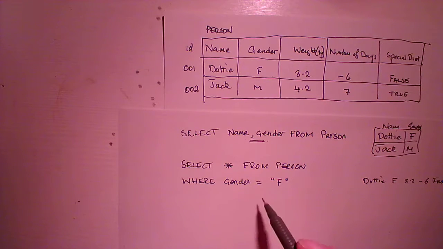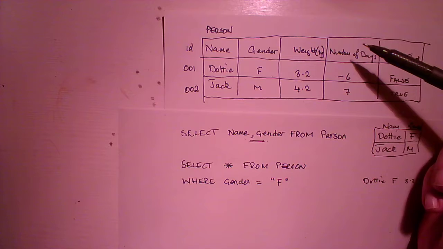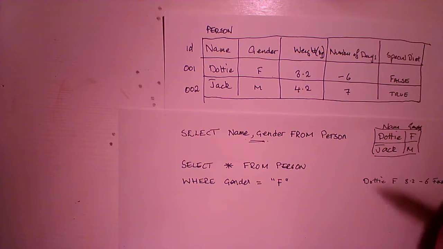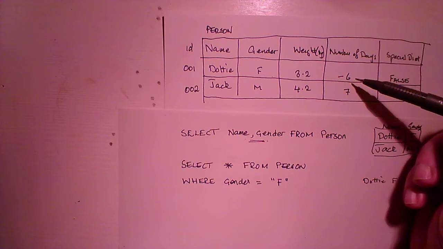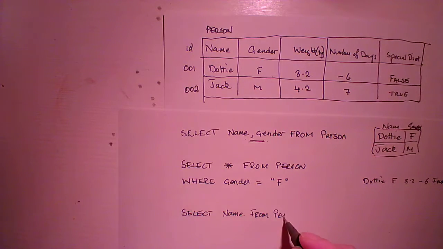Now this where clause is very, very powerful, and this is probably part of what you'll have to do in your test. Now I'm going to look at this one, the integers, because I've got a minus number here and I've got a positive number here. Let's say I just wanted to produce all the records that had minus numbers. How am I going to say that in my where clause? So I'm going to write another select clause, and what I'm going to do is just select the name from person, where.